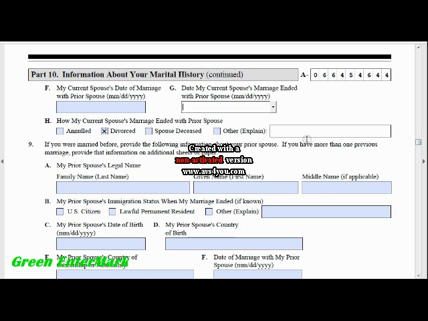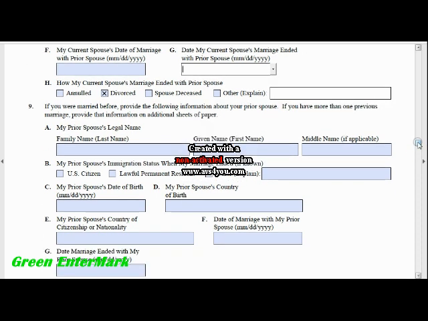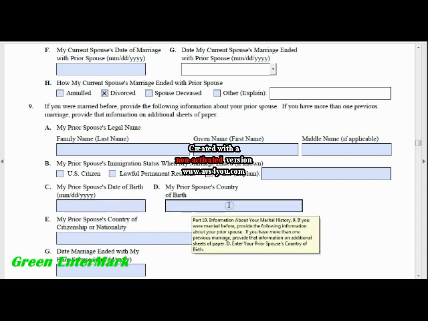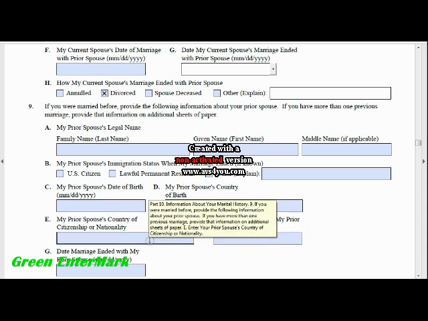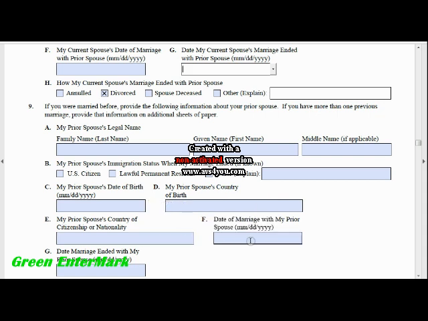And 9, if you were married before, provide the following information about your previous spouse. If you have had more than one prior marriage, provide the same information. You have to provide your previous spouse or ex-spouse name, whether your previous spouse is a citizen, lawful permanent resident or other, their date of birth, previous spouse country of birth, and citizenship, and also the date of marriage and date of end of marriage.